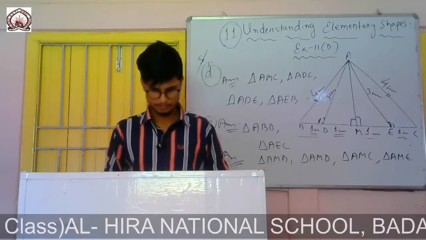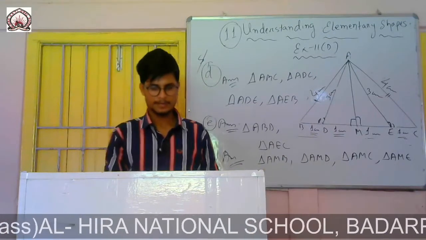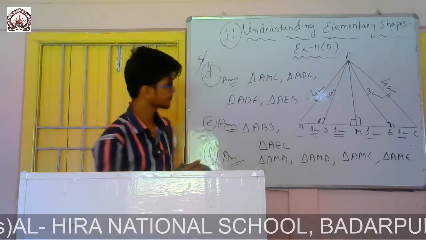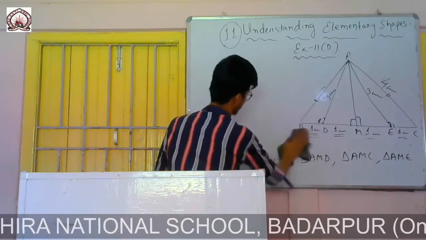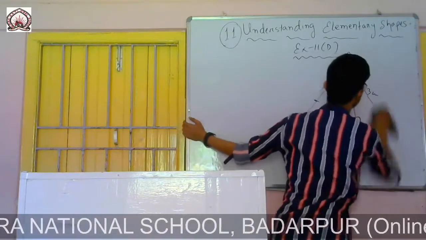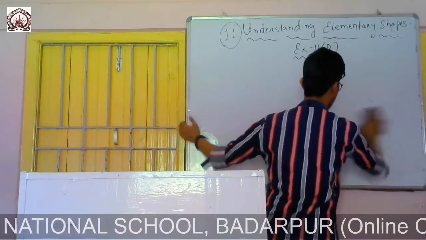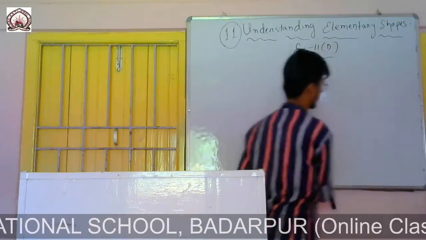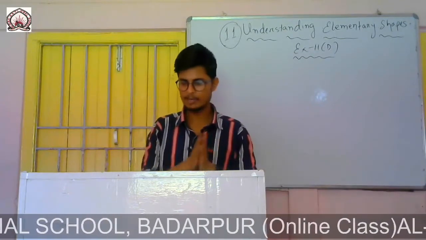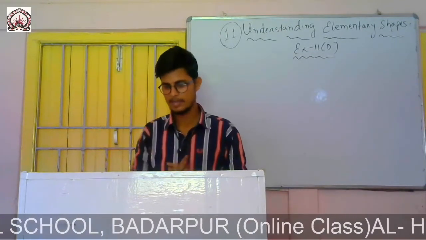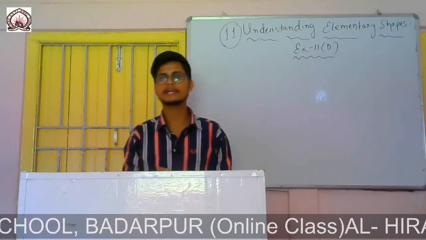So now let's move to question number 9, higher order thinking. It is given that all equilateral triangles are isosceles, but not all isosceles triangles are equilateral.